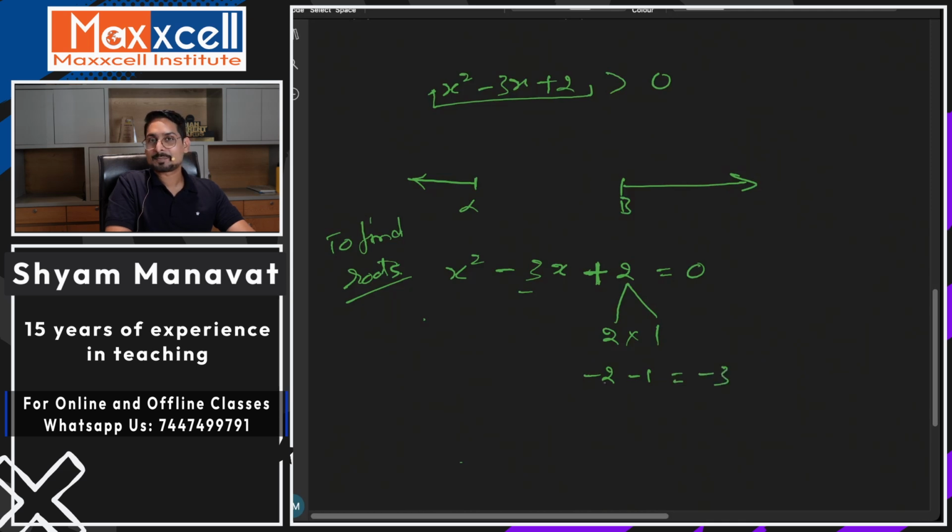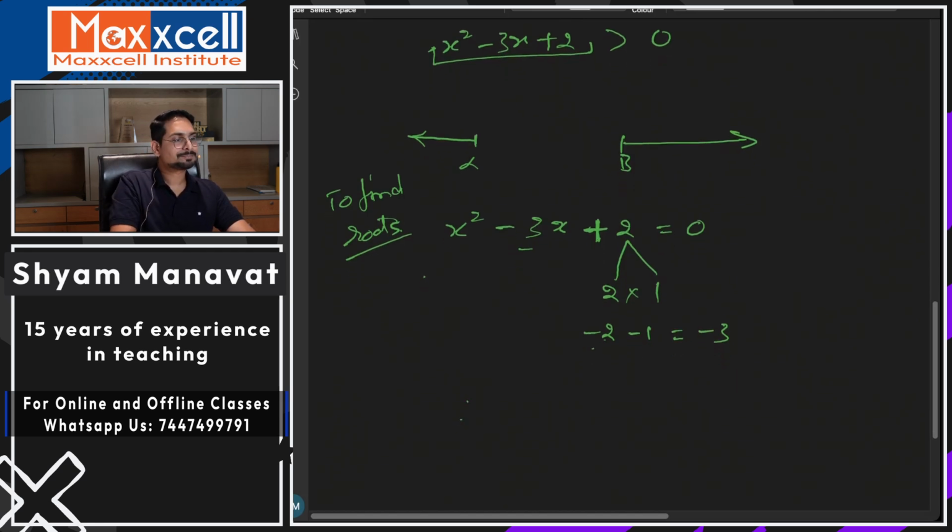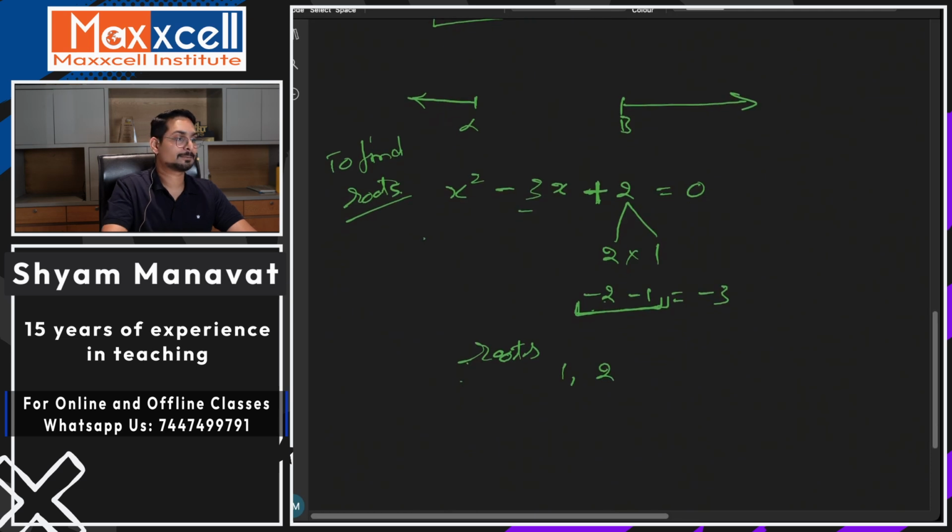Same signs get added. So -2 minus 1 is -3. So this is possible. Now you have identified these two numbers, -2 and -1. So what are the roots? Roots will be 1 and 2. This is by using the shortcut to solve a quadratic equation.